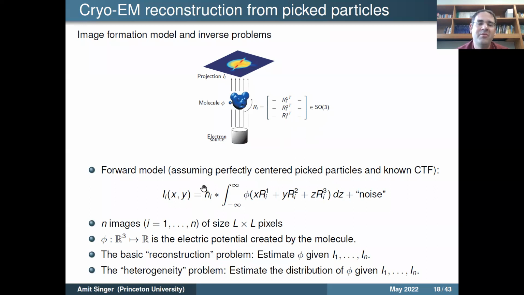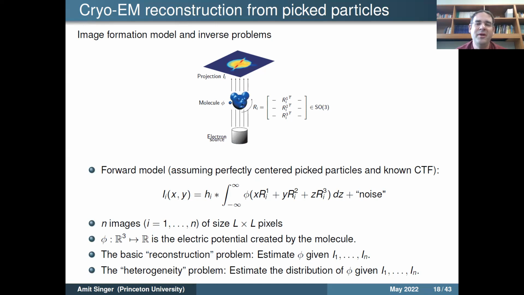But on top of that, there is another convolution, not just a blurring kernel, but what is called the contrast transfer function, which comes from the microscope.